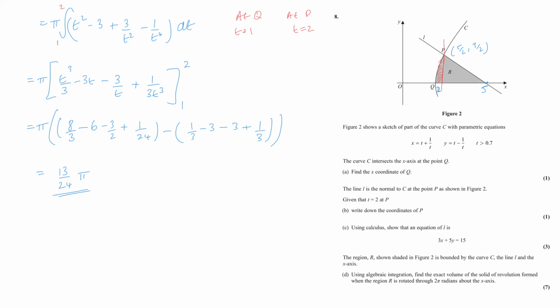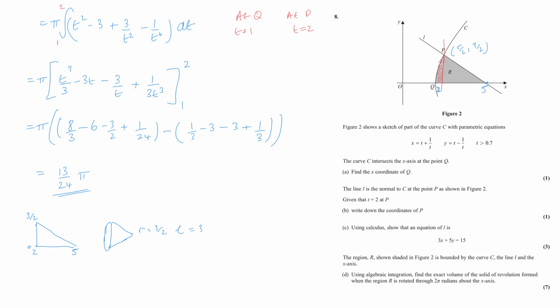Okay, now let's work out the triangle. So the triangle is between 2 and 5 on the x and 3 over 2 on the y. Now, because it's being rotated, it's actually a cone with radius 3 over 2 and length 3.